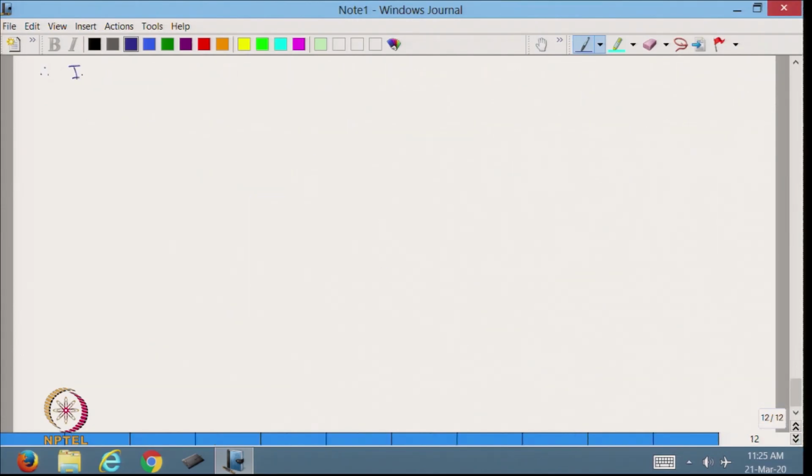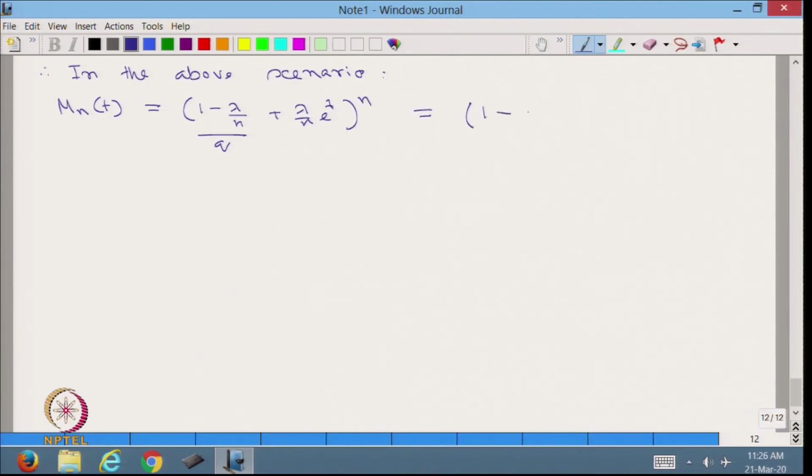Therefore, in the above scenario, M_n(t) is equal to (1 minus lambda by n, that is q, plus lambda by n e to the power t) whole to the power n, which is equal to (1 minus lambda by n times (1 minus e to the power t)) whole to the power n.